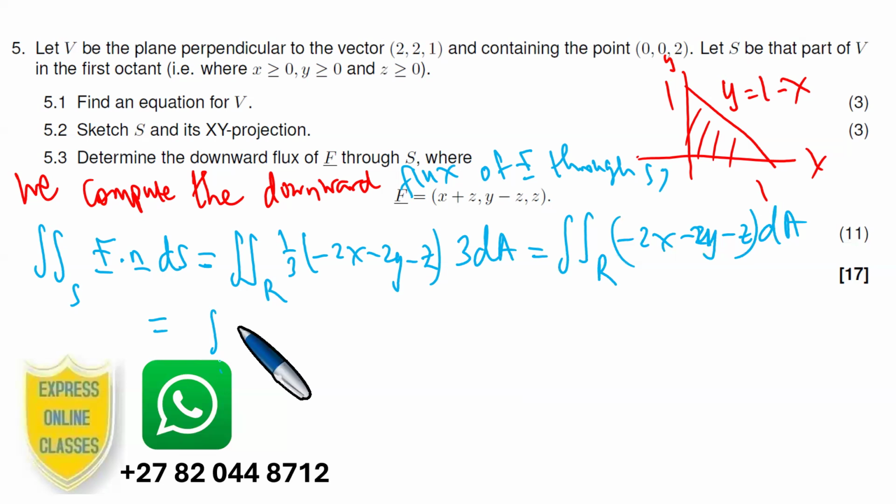which means we have the double integral from 0 to 1, from 0 to x. Right, we have exactly this here. So these would therefore be the same as the following.